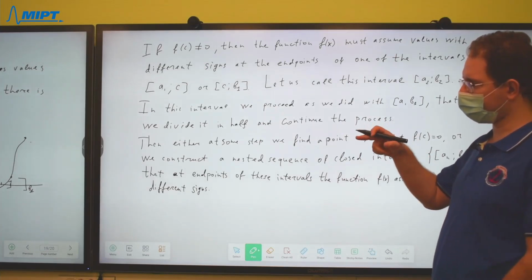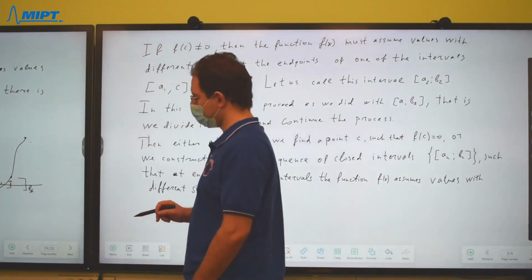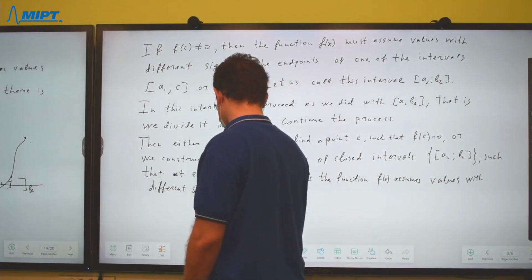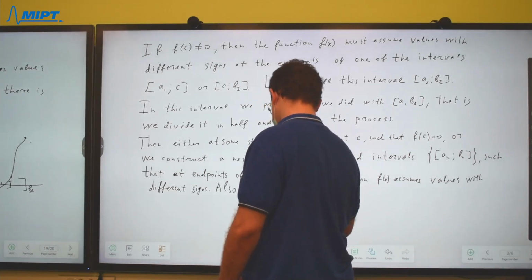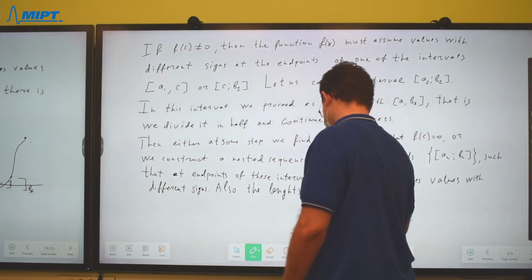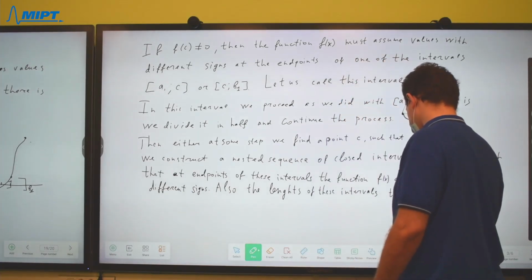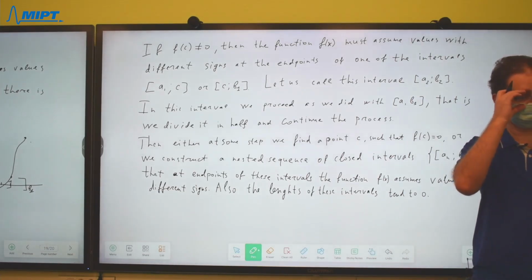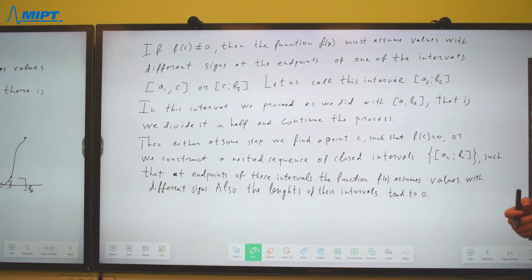Because the length of the nth interval is just the length of the original interval from A1 to B1 divided by 2 to the power n minus 1. Let's write it down also.